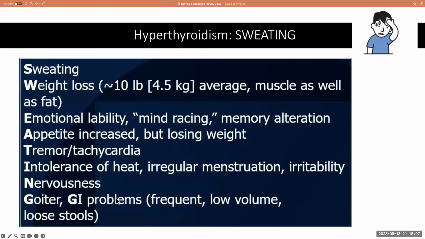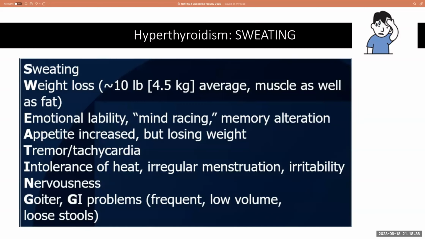Here are some common symptoms of hyperthyroidism. We're going to go over some more symptoms as well, but they usually have weight loss, and they lose muscle as well as fat. They have some emotional upset. Their memory is not great. Their mind feels like it's racing. They may have an increased appetite but actually continue to lose weight.